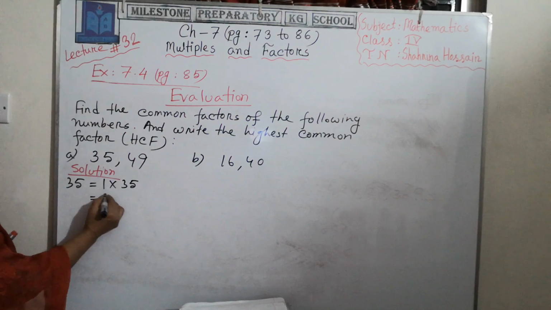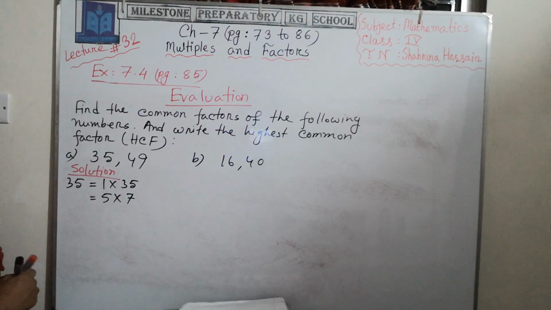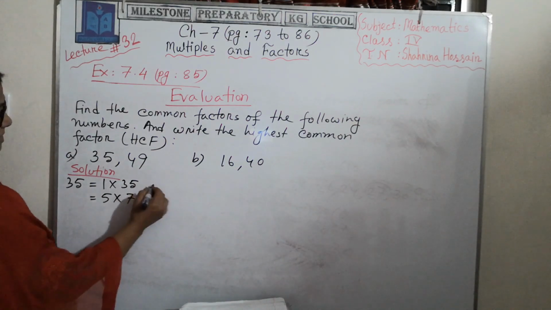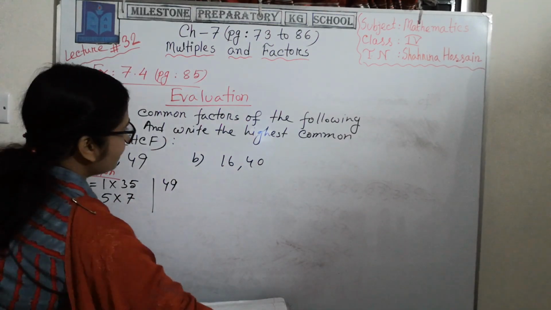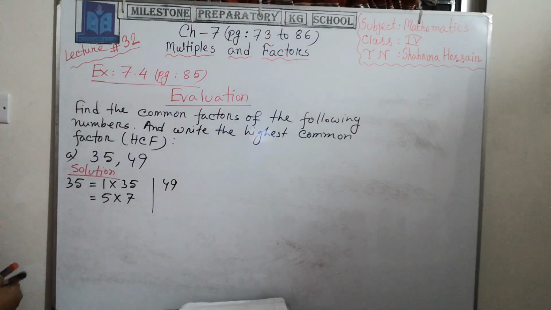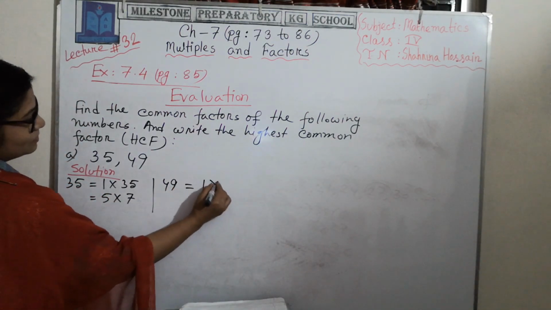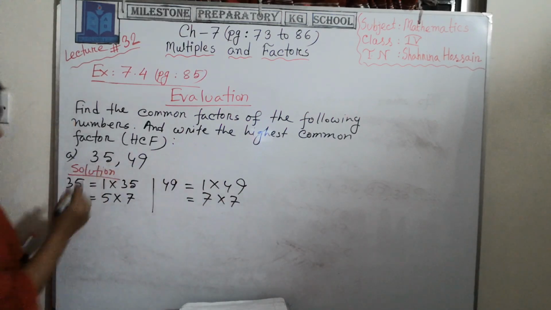Yes, you are right, 5. 5 sevens are 35. Can we divide it more? No. Up to that enough. Now let's come 49. I can rub this side for our easiness. Okay, now 49. Now 7 sevens are 49.